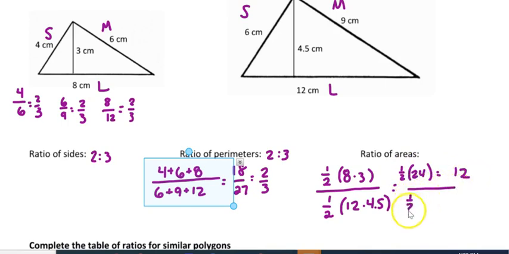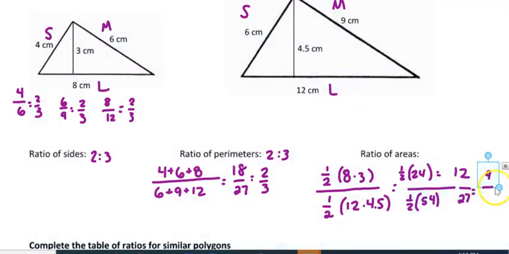And this is 1/2 of 54, which is 27. And if we reduce that, we have 4/9.